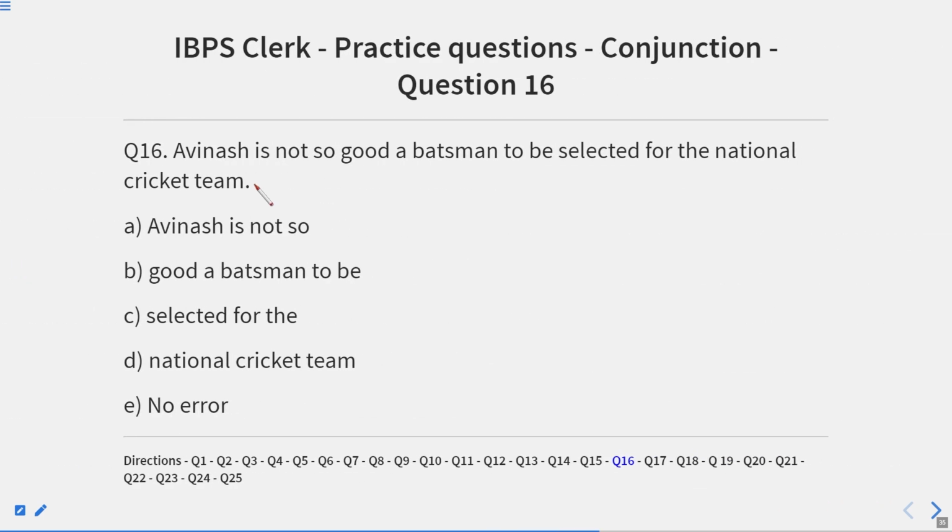Now let us move to question number 16. Avinash is not so good a batsman to be selected for the national cricket team. We use the words as and as, or so and as, to compare in the negative sense. So this to should be replaced with as to. The correct sentence will be, Avinash is not so good a batsman as to be selected for the national cricket team.